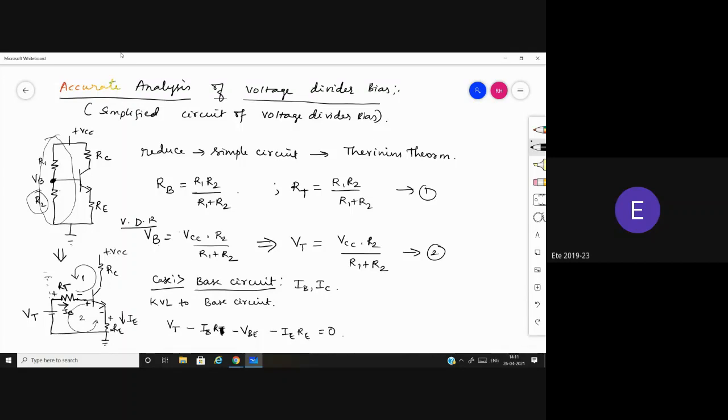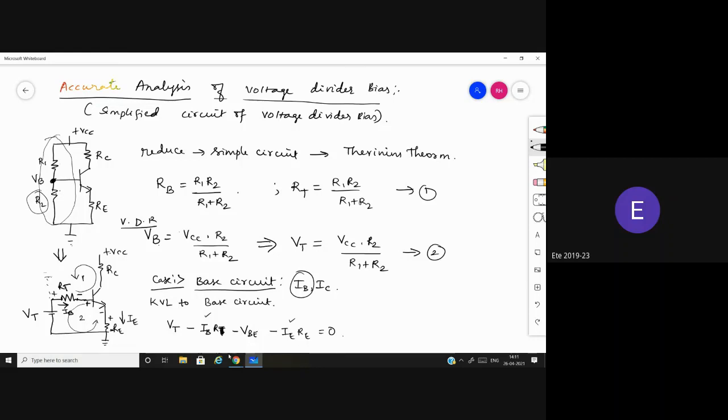Now, our intention is to find IB, but in this equation we are having IE also. Both IB and IE are unknowns. We just need to know IB, so convert these two unknowns to a single unknown.